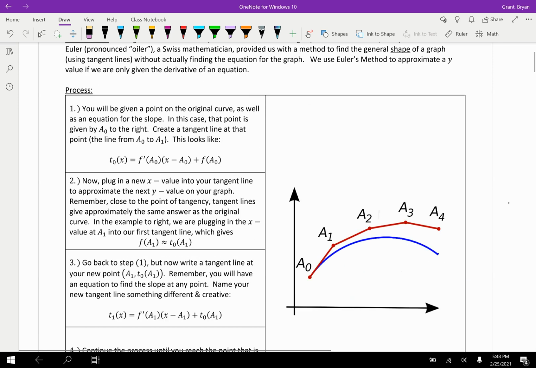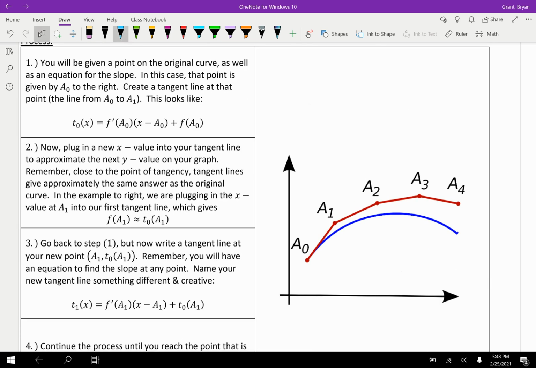So how does it work? Well, you need at least one point on the original curve. And I have the original curve done in blue on the screen over here. So maybe I can call this f of x if you'd like. Okay. So the original point that's going to be given to us is this point a sub 0.